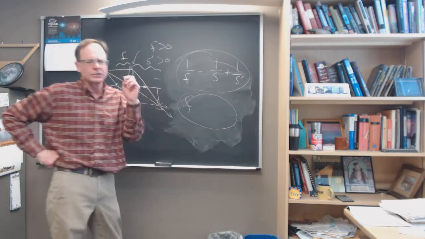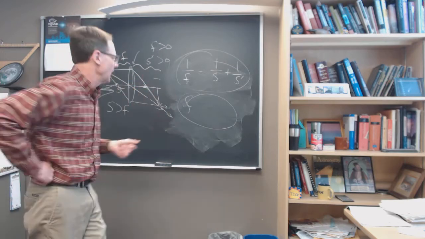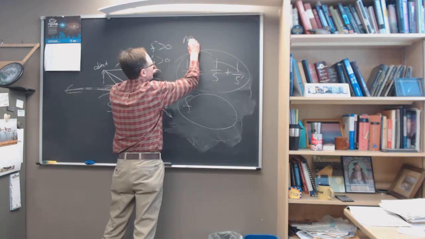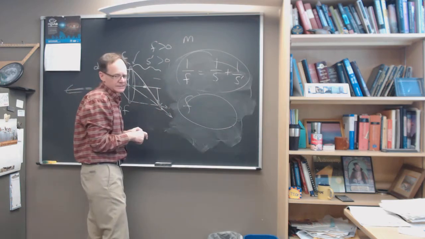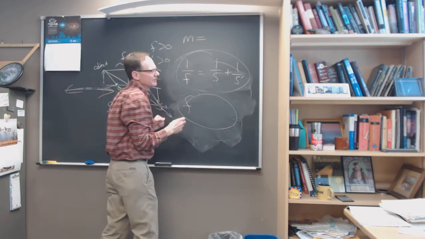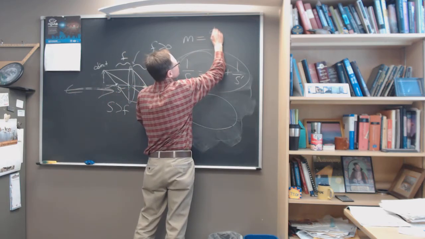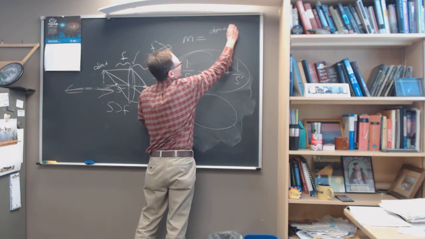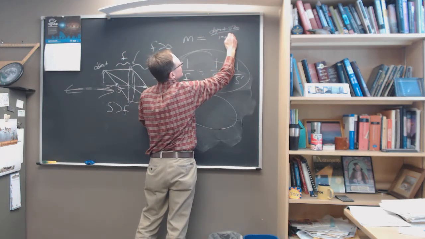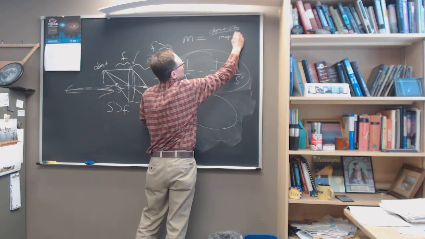Now, while you're doing it, you're also measuring the size of this object and the magnification of the lens. The magnification we're getting from that situation is the object size divided by the image size. So you want to measure that.